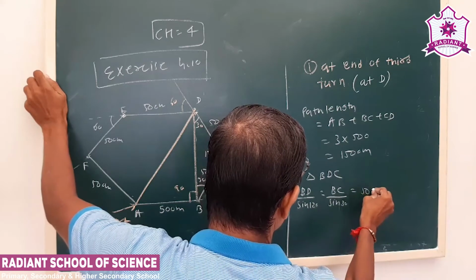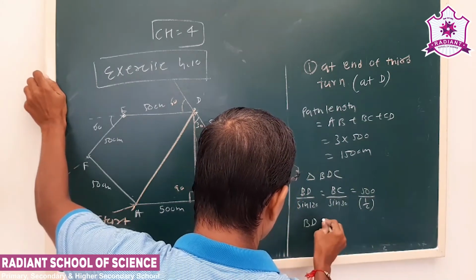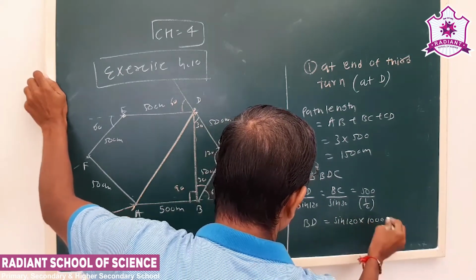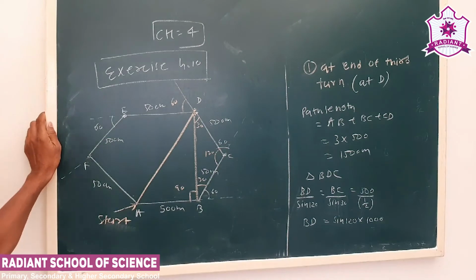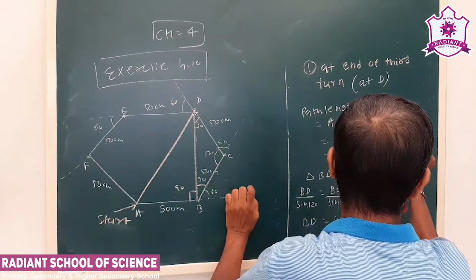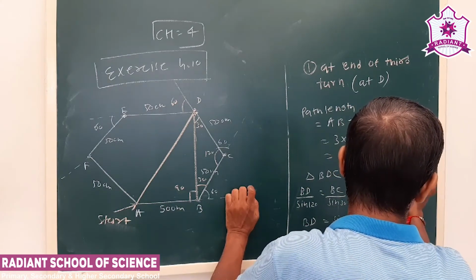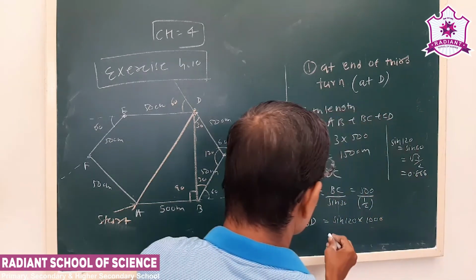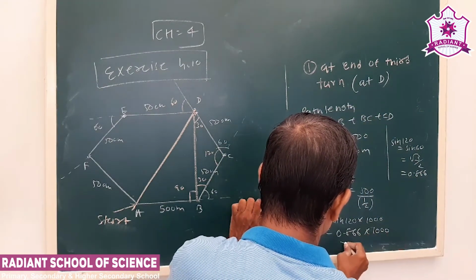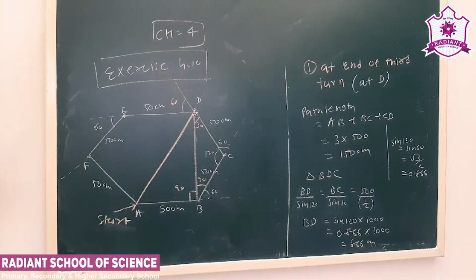BC is 500, sine 30 is 1 upon 2. BD is equal to sine 120 into 1000. Now sine 120, that is sine 60, is root 3 by 2 or 0.866. So BD we have obtained.